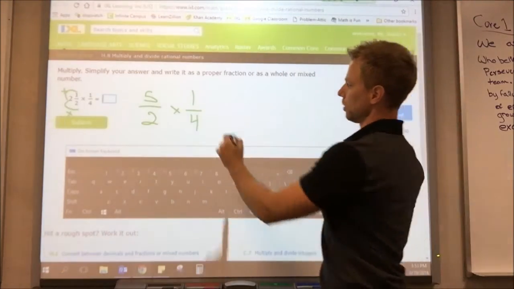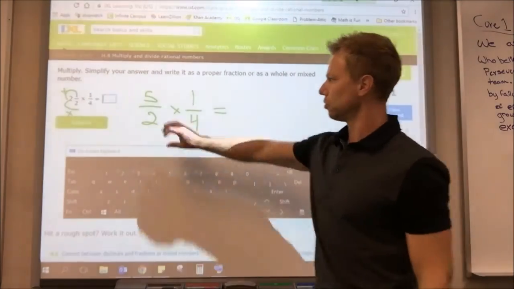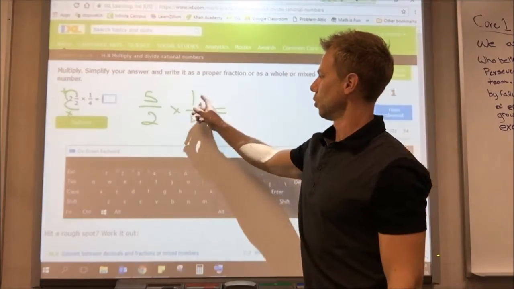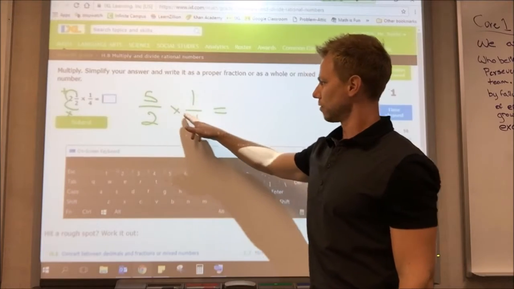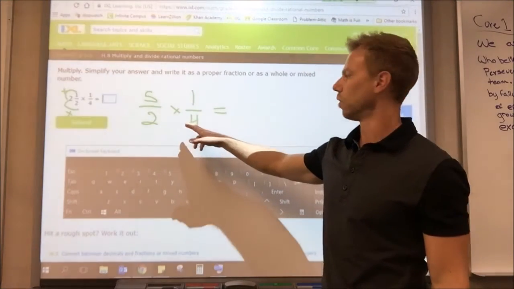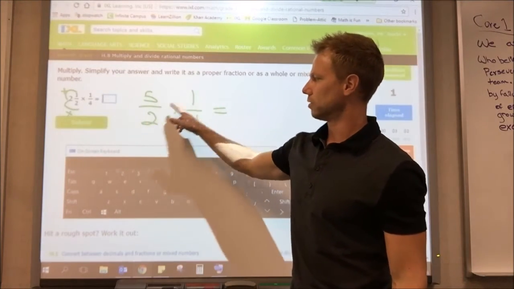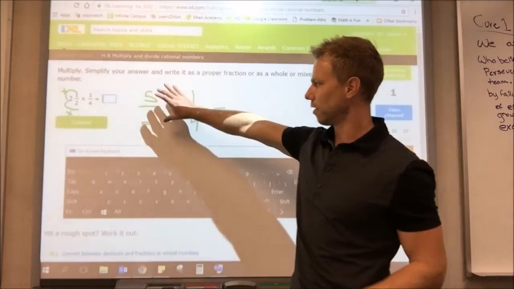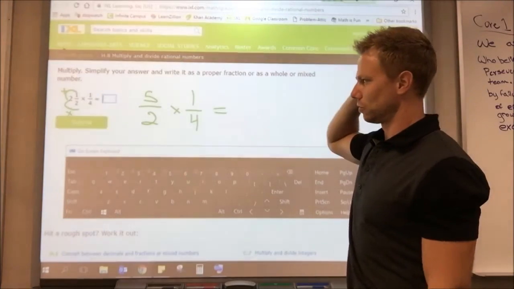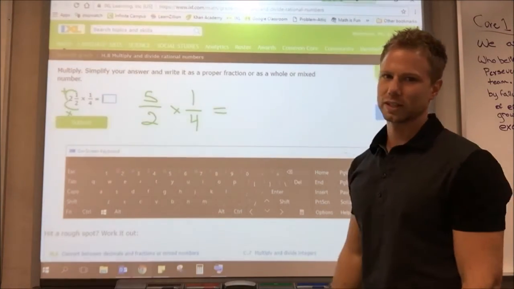Before I actually multiply, I can see if I can reduce either of these fractions or do any cross canceling. Nothing goes into 5 and 4 evenly besides 1. Nothing goes into 1 and 2 evenly besides 1. So that's not going to reduce. 5 halves I can't reduce, and 1/4 I can't reduce.